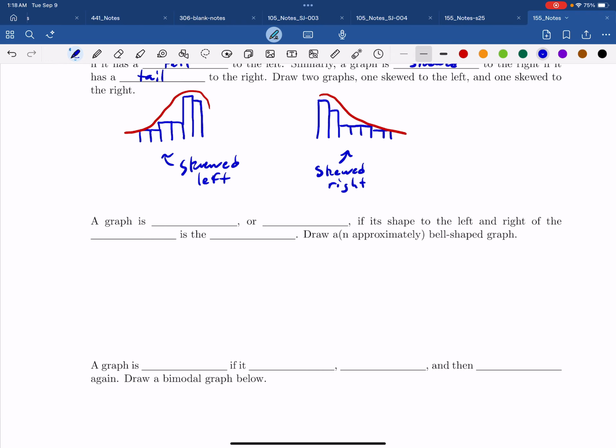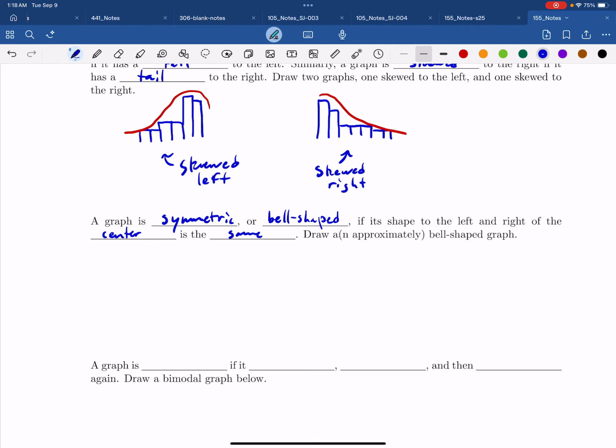Okay. A graph is, well, we use the term symmetric or bell-shaped. We'll later call it normal. If the shape to the left and right of the center is the same.